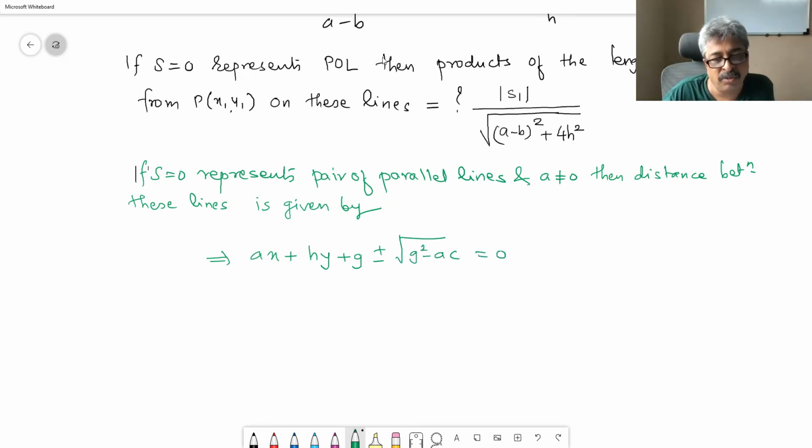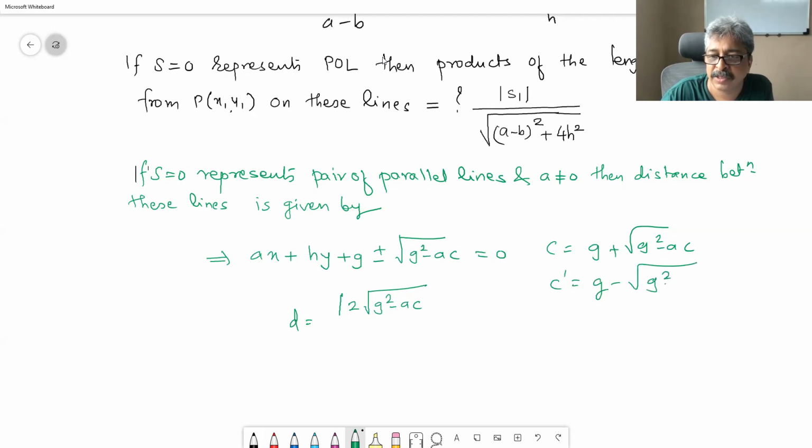And we know the formula for the distance between two parallel lines, that is the absolute value of c minus c dash, which is 2 times radical g square minus ac, because c is equal to g plus radical g square minus ac, and c dash is equal to g minus radical g square minus ac.